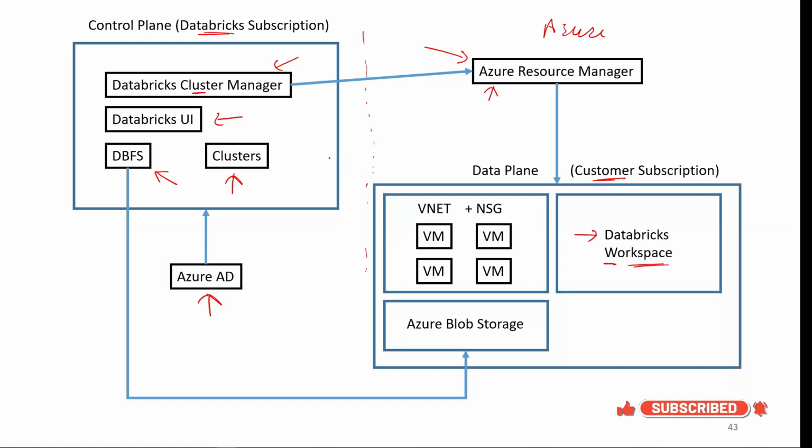But actually, it is working on the control plane. This is just the representation in Azure, and we will be using Azure Blob Storage for storing the information used by Databricks. Permissions for the blob storage, virtual machines, and workspace are taken care of by Databricks basically.